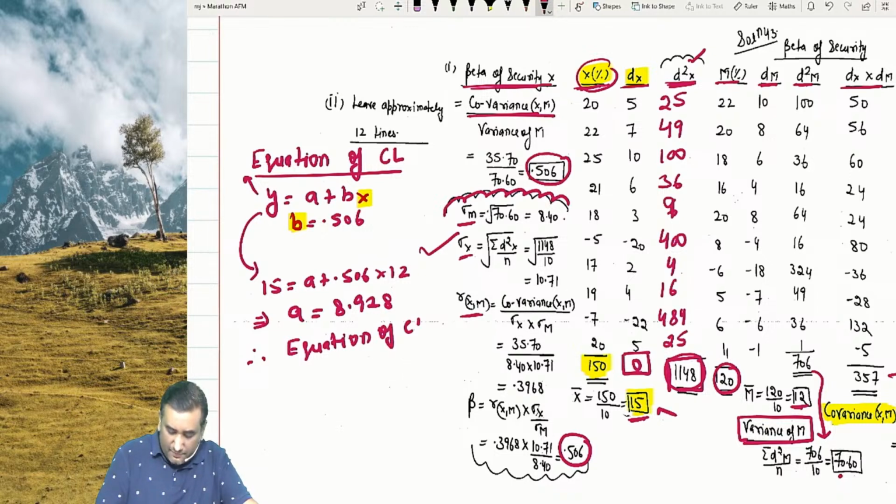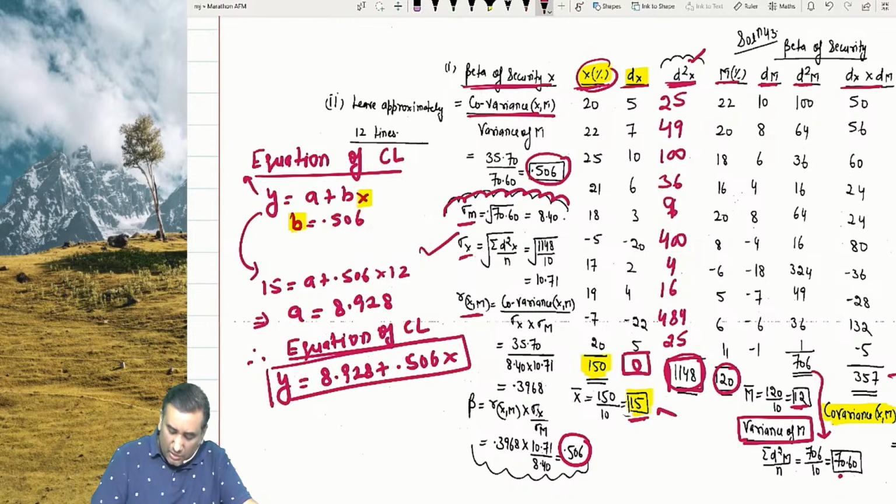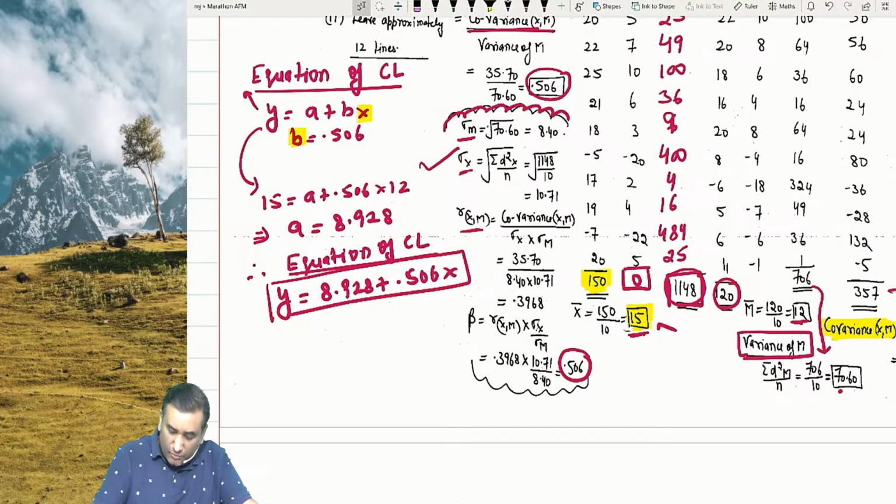Now therefore, the equation of CL in the exam answer will finish. Equation of CL, y is equal to 8.92 plus 0.50x. Sir, how do we read this? If I try to draw, this is not for the exam.